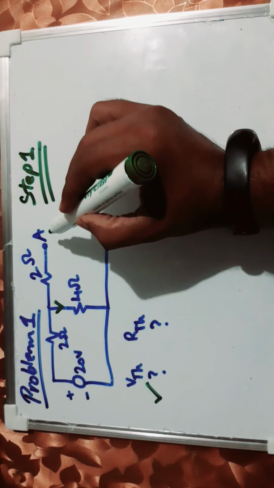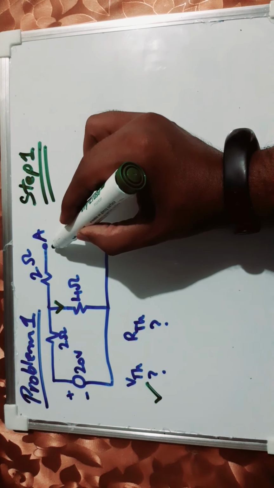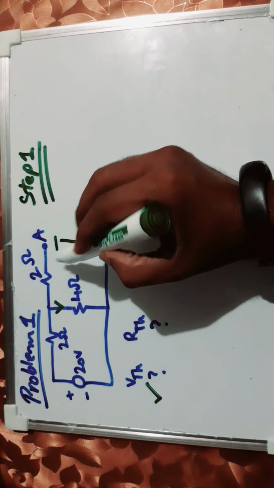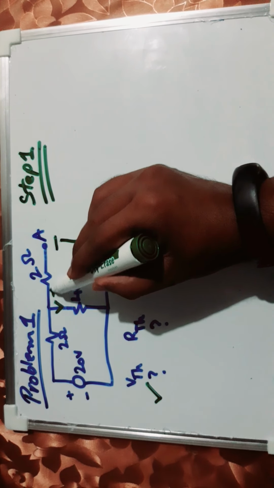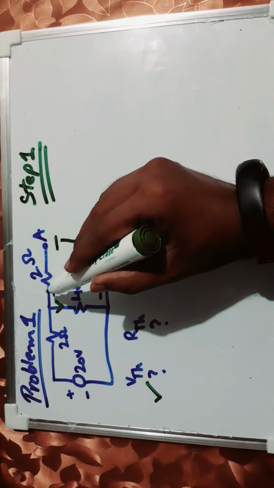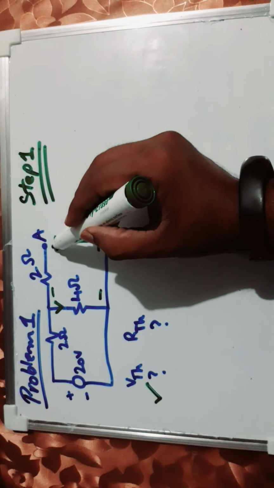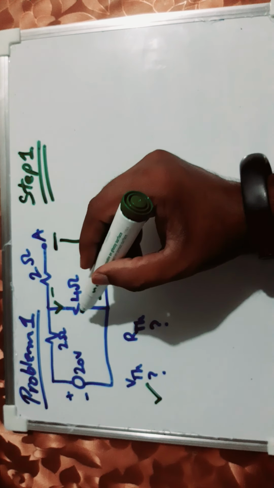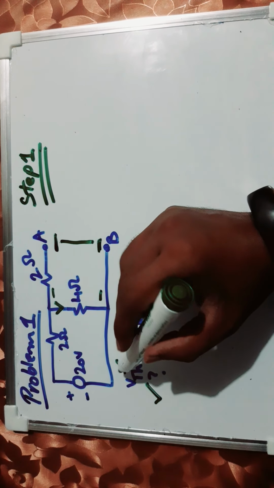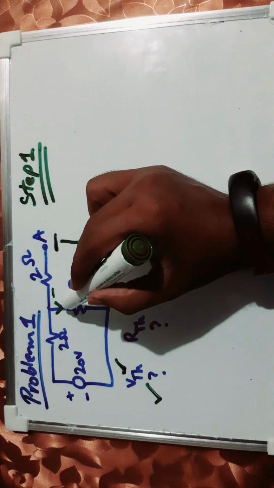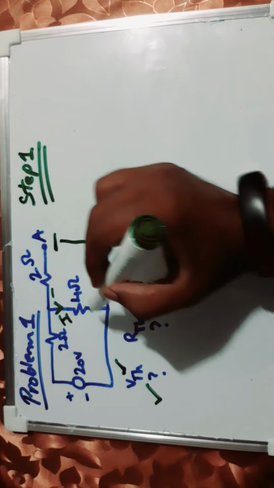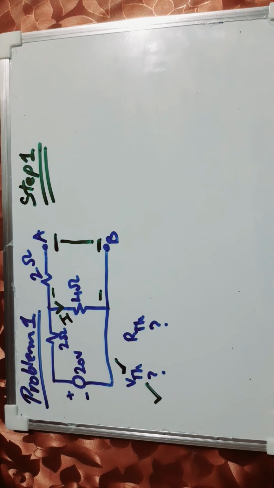As in Thevenin, the resistance and voltage are always found across these 2 points, which is parallel to this branch. So if we find the current or voltage here, it will be equal to the current and voltage here because they are parallel to each other. So if we want to find the Thevenin equivalent voltage, first we have to find the current I, because V is equal to IR. So let's start our step 1.